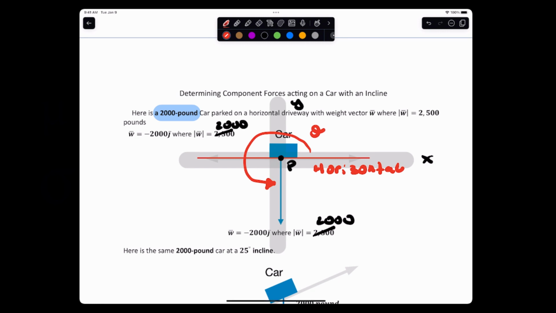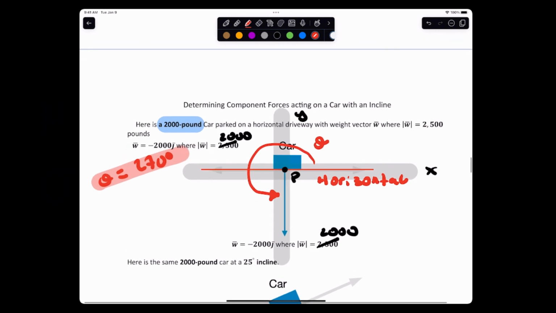It's 270. So you say, okay, the magnitude of that weight vector is 2,000, the direction is 270. So we represent this as a vector, okay? Magnitude and direction. So if you guys recall, what have we been doing? We can describe this vector. I'll use W for weight.